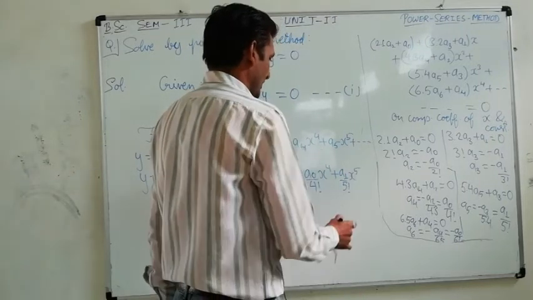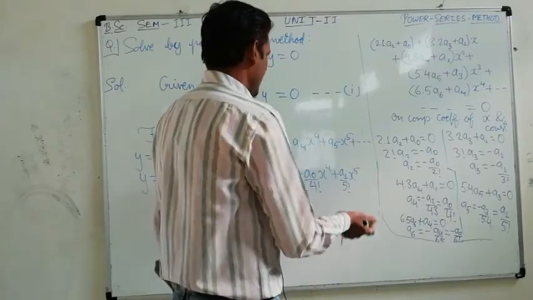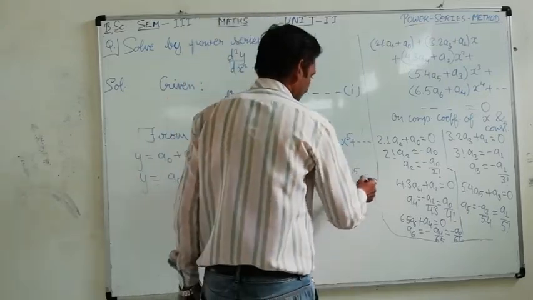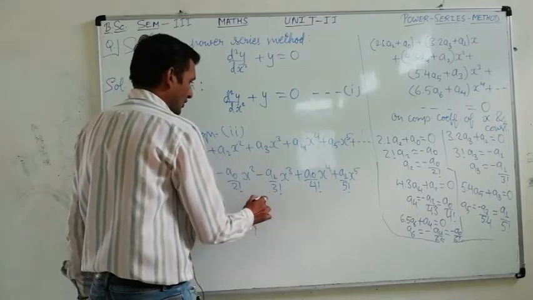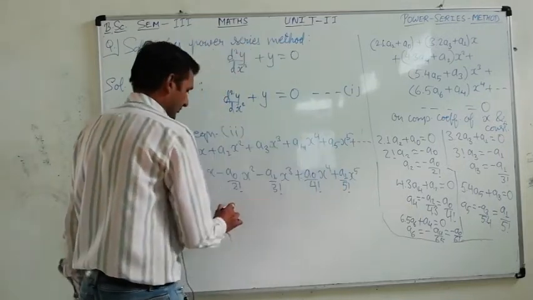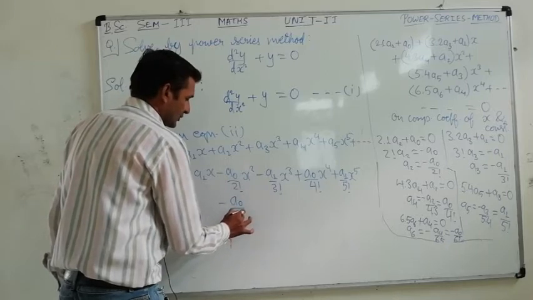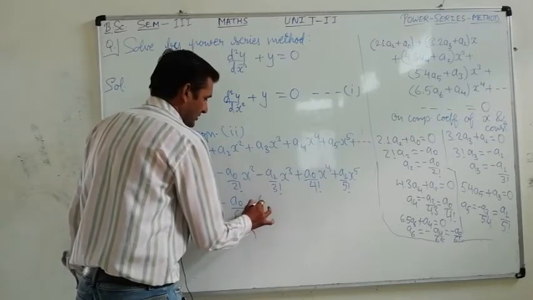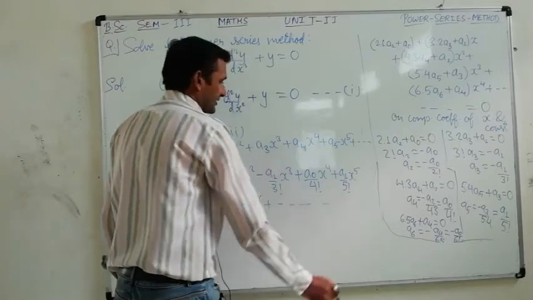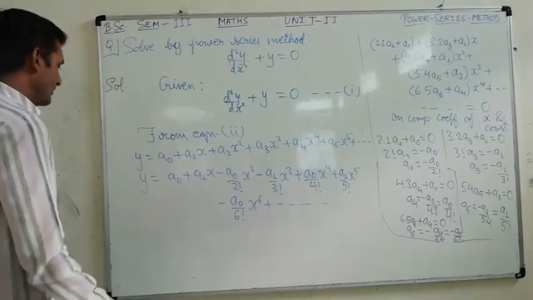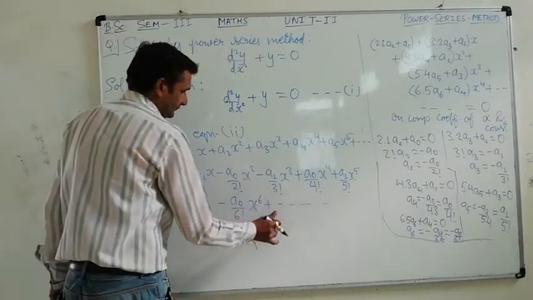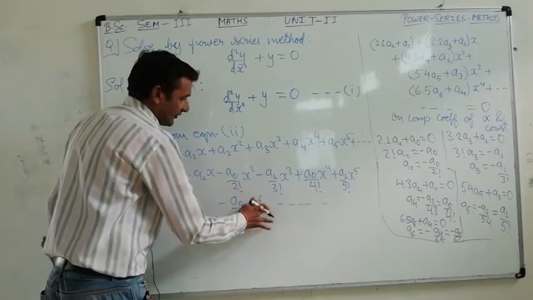And further we may write value of a6 which will become negative, minus a0 upon 6 factorial x raised to the power 6, and so on.